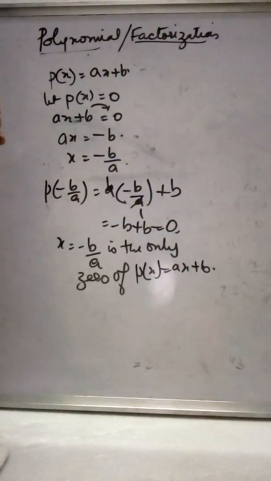A linear polynomial in one variable has only one 0. You have to keep this in mind, that a linear polynomial in one variable has only one 0. So we cannot get more than one 0 for a linear polynomial.